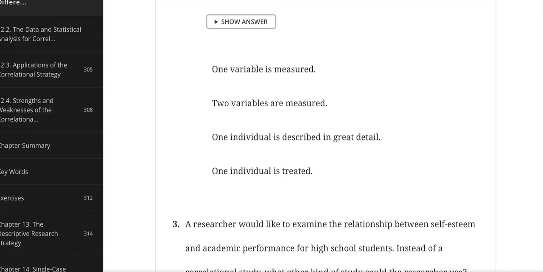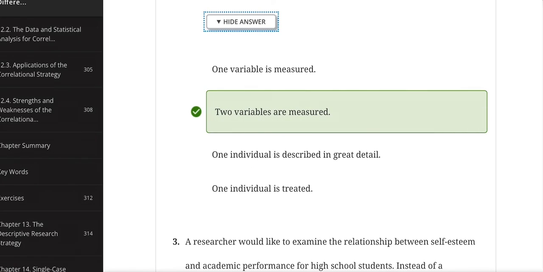Well, treatment, we know that gets a keyword. That means there's manipulation. That means experimental, so that's not correct. So obviously the answer is two variables are measured. Remember, that is the main difference between correlational and anything else, is that both variables we're interested in are being measured. They are both measurable variables. We aren't separating into groups or anything like that. We're just measuring.